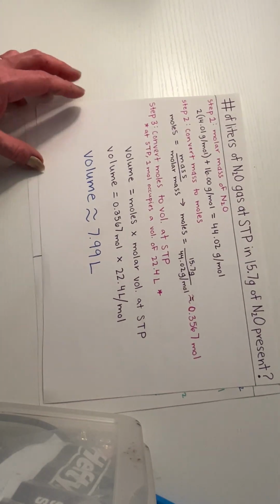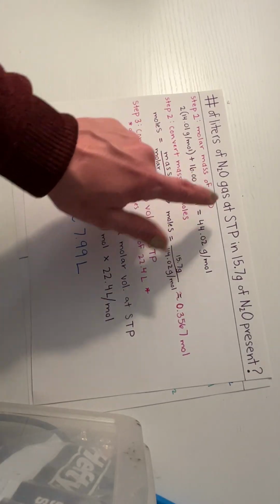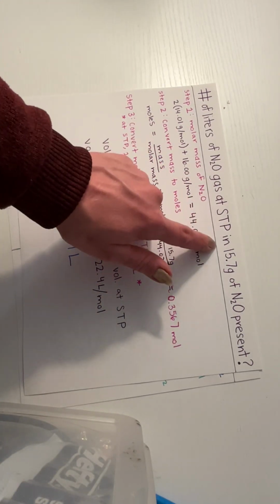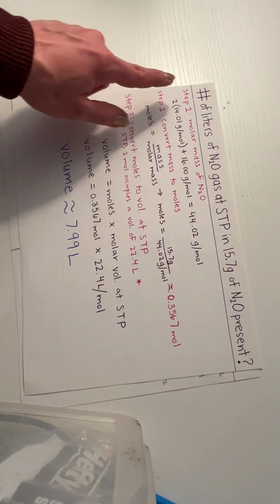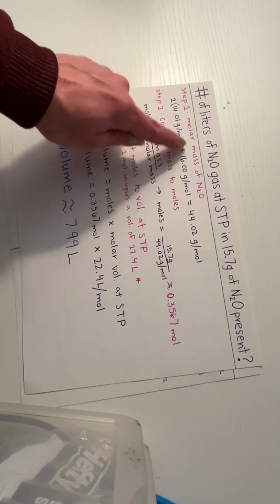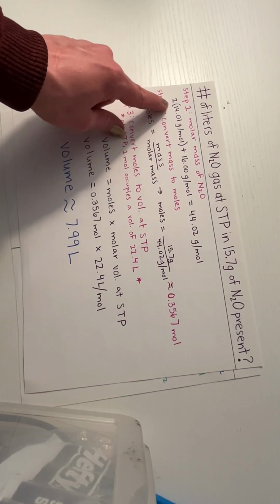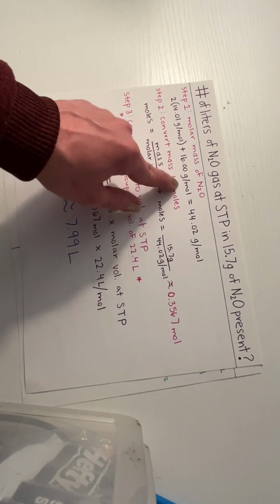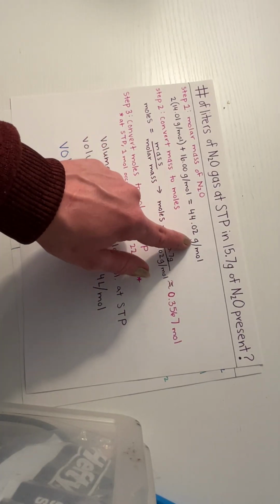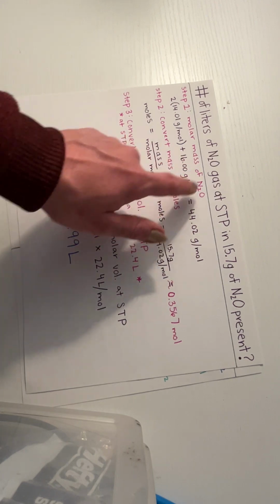And then, how many liters of nitrous oxide gas are at STP in 15.7 grams of nitrous oxide present? Step 1, find the molar mass of the nitrous oxide. So we are going to do 2 times 14.01 plus 16 equals 44.02. That's the molar mass of nitrous oxide.